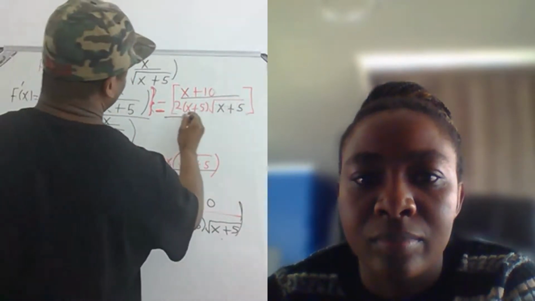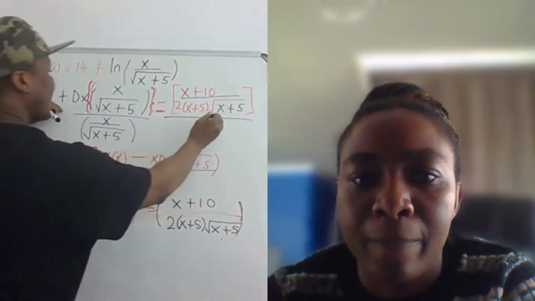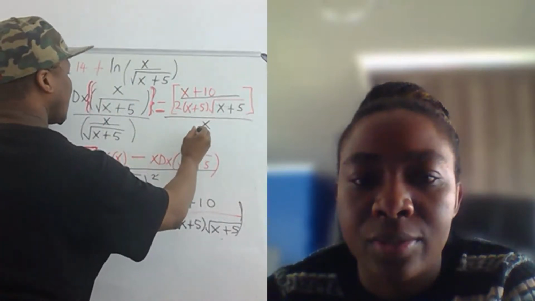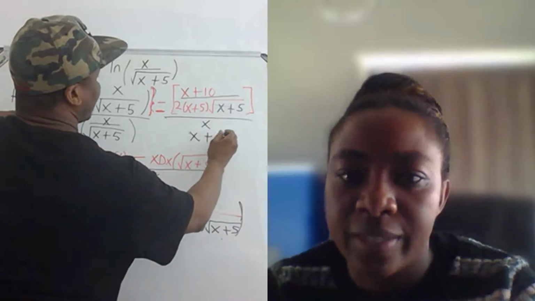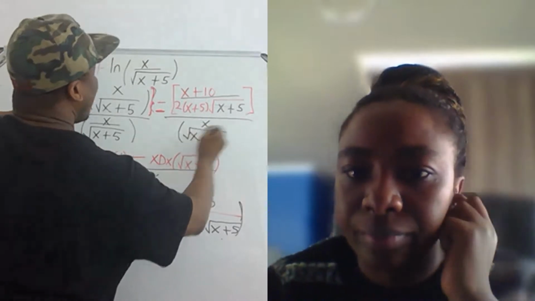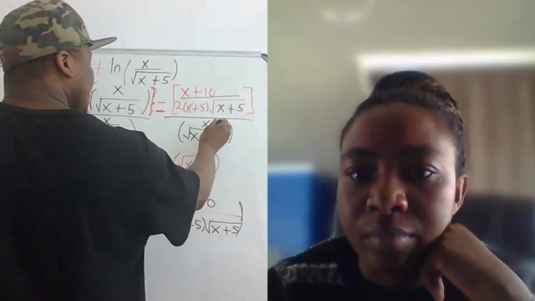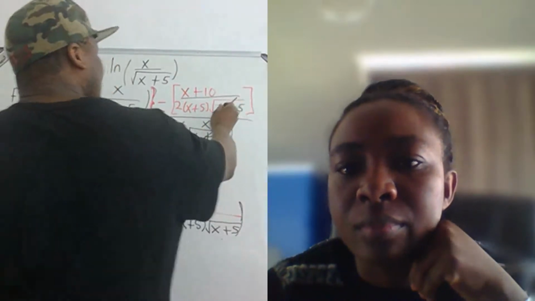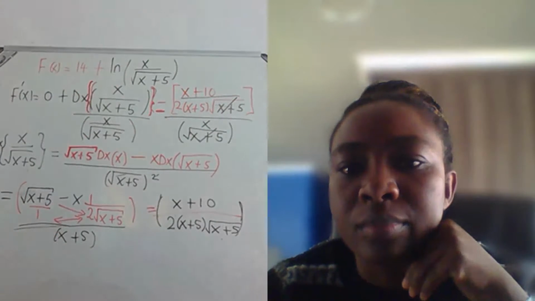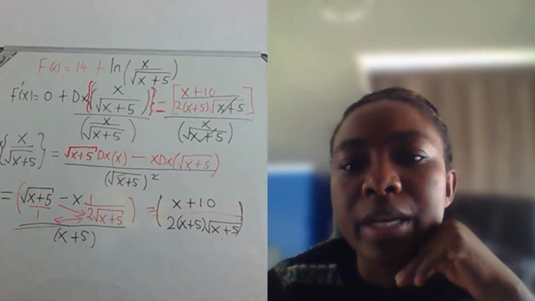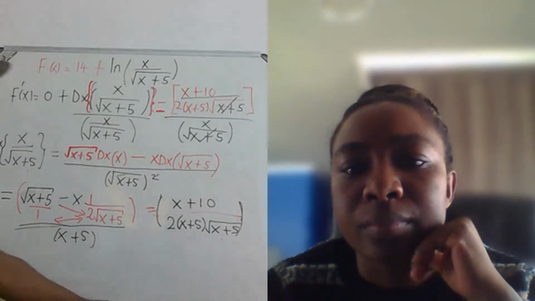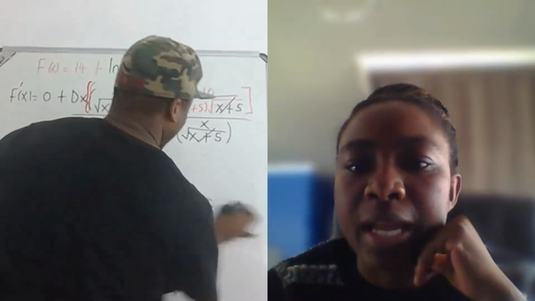Over. What's this over? x over x square root plus, of x. Now you can cancel if you want. This and that is going to cancel. Oh, yes. Acceptable. Now I'm going to be left with x.